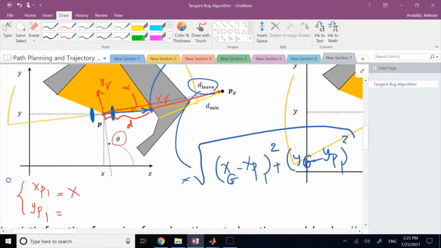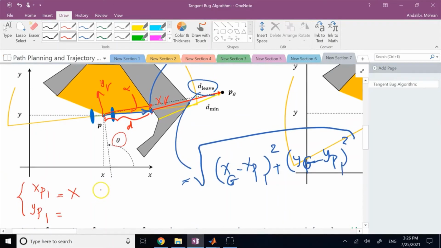Then this plus d cosine alpha is the coordinate of the point xr in the body attached frame, in the robot attached frame.